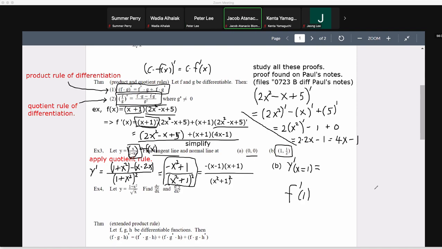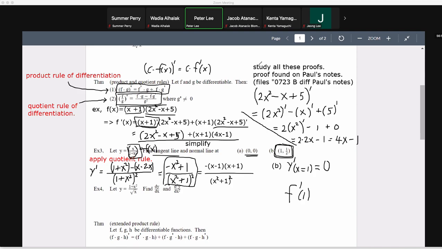Yeah, you're right. So now, the final answer to the question: what is the tangent line at this point? Oh, sorry, we're not doing part A. We're doing part B. The point is 1 comma half. The slope is 0. What is the tangent line?